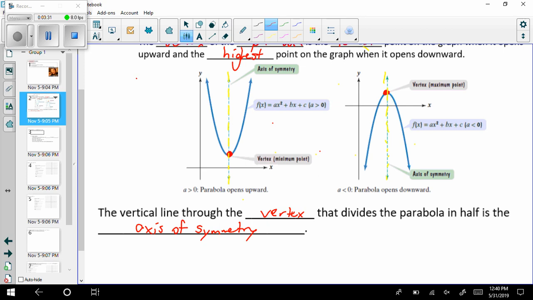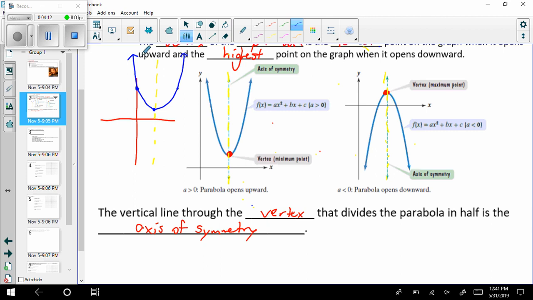So if I was graphing a parabola, and let's say my vertex was right here, and then let's say I had another point right here, well, if I know that I have the axis of symmetry right through the vertex, it speeds up the process because I know if the left half looks like this, then in theory, the right half has to be a mirror image. So it's a useful tool to speed up the graphing process. If we know what one half looks like, we know what the other half is.